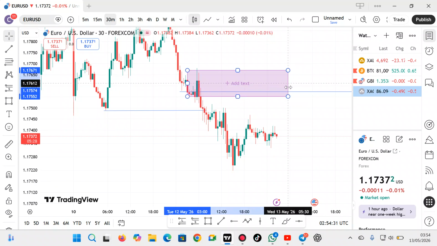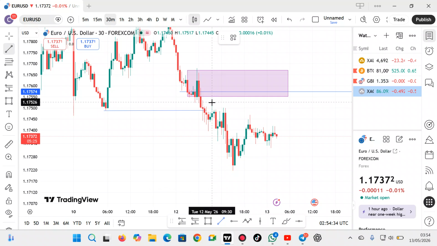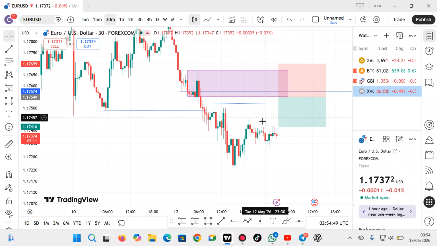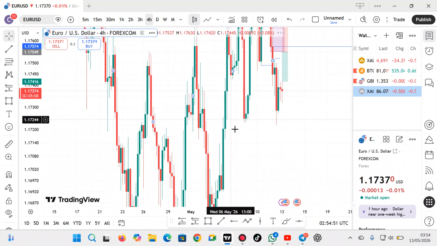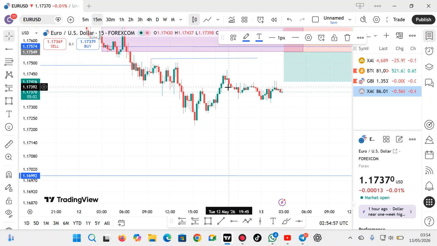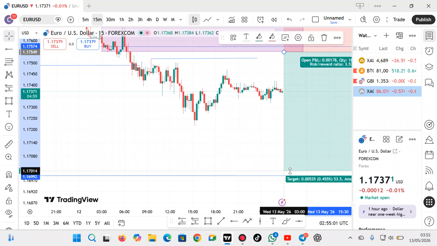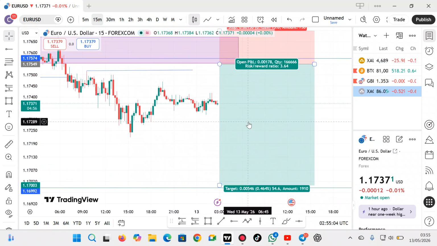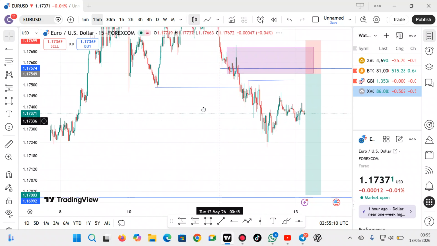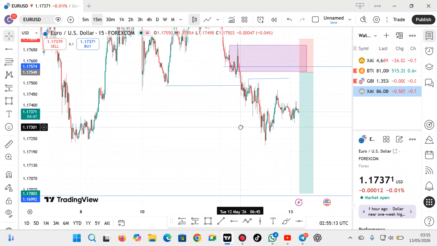So what are we expecting? We have what we call liquidity in this zone. So what do I need to do? Just place my short position, my stop loss above my order block. Then I'll target where I expect it to get to. Do you see? Very, very simple. This is it.